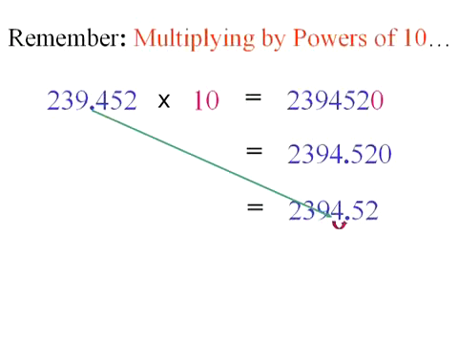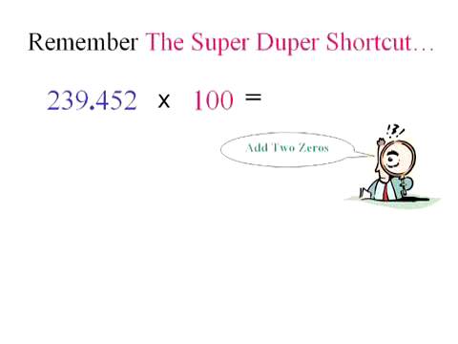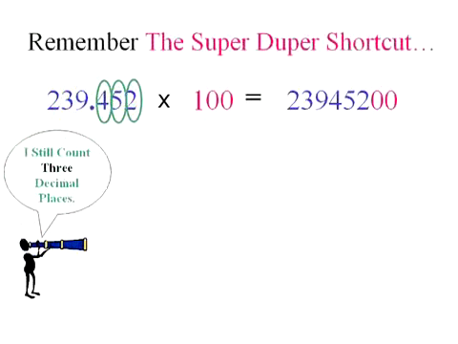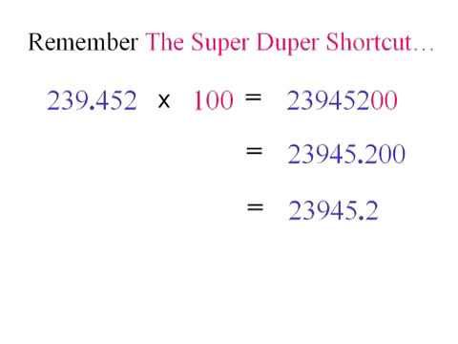To multiply by 10, we moved the decimal over 1 place. By multiplying, it was to the right to make the number a larger number. In this example, we're going to have to add 2 zeros, and in this case, move it over 3 places. Drop the zeros. And I hope you note, to multiply by 100, the final result was to move the decimal place over 2 places.